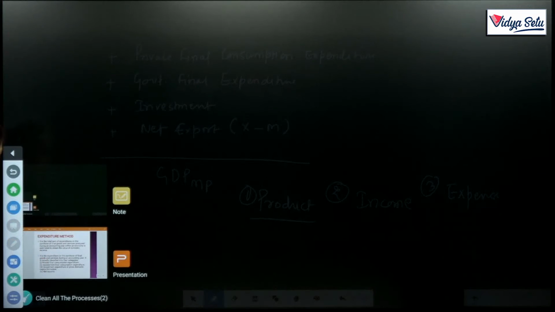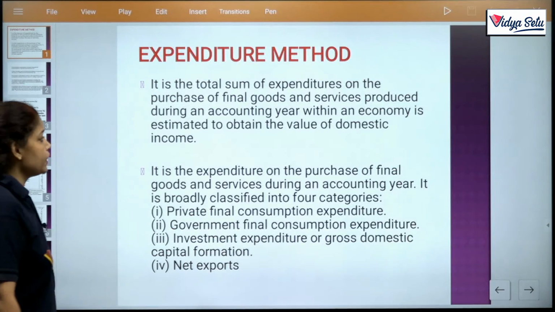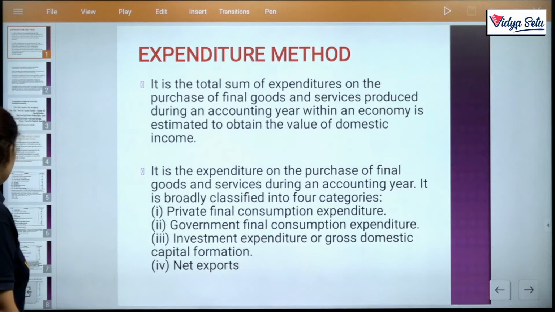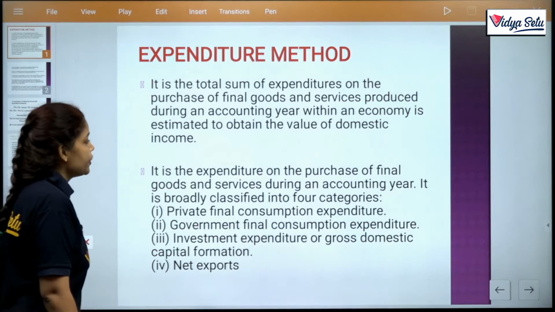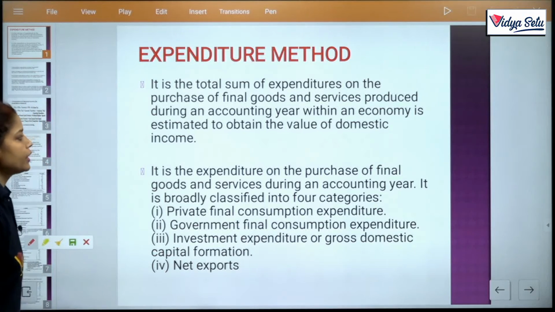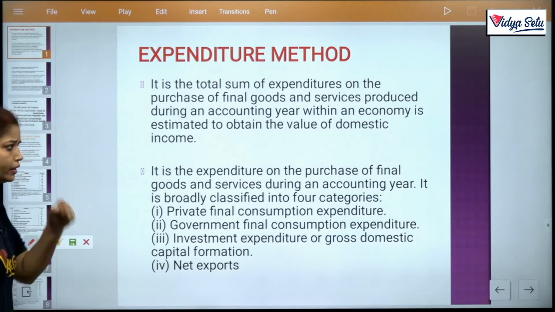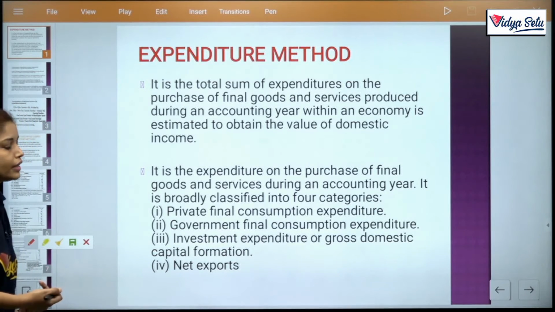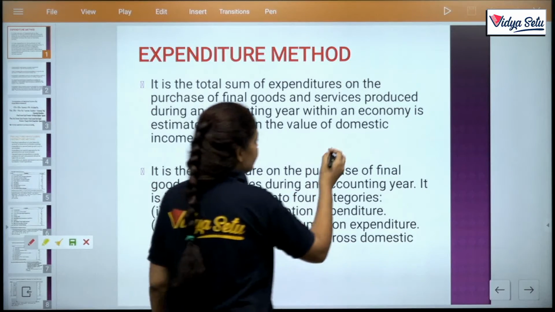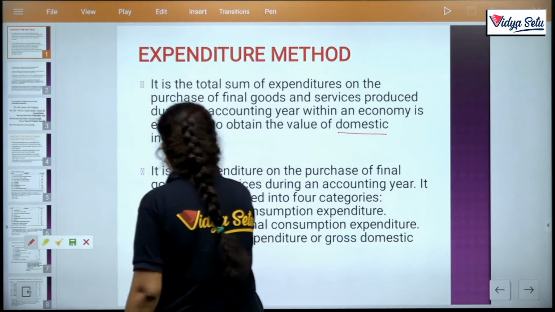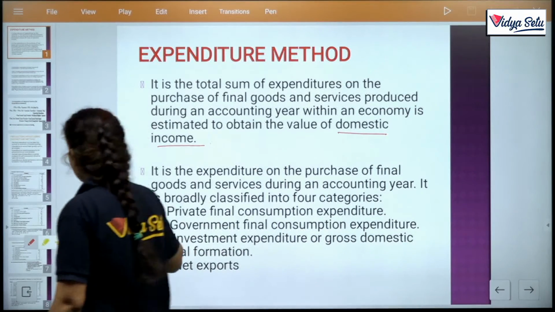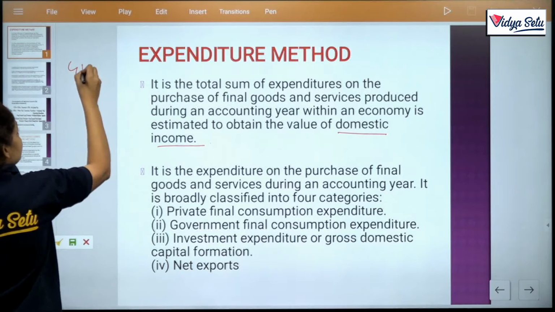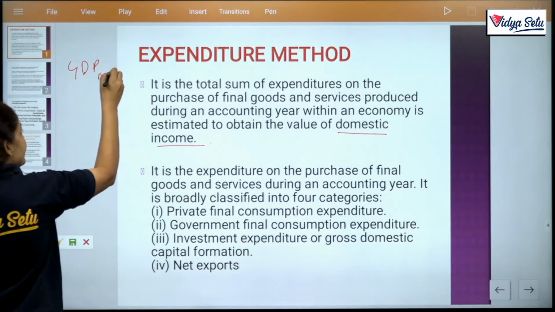It is the sum total of expenditure on the purchase of final goods and services produced during an accounting year within an economy, estimated to obtain the value of domestic income. Again here it is domestic income, and we receive GDP-MP. Why MP?